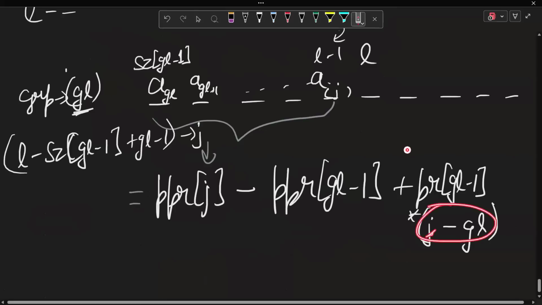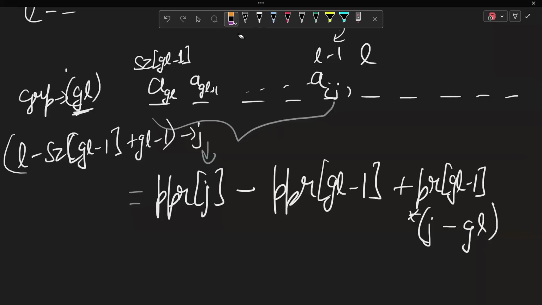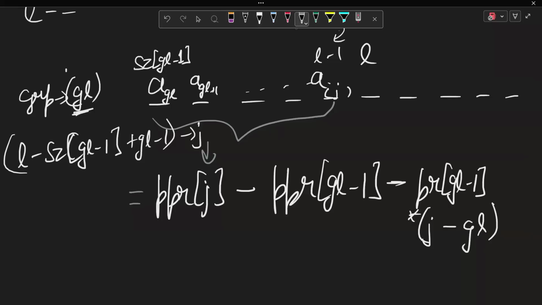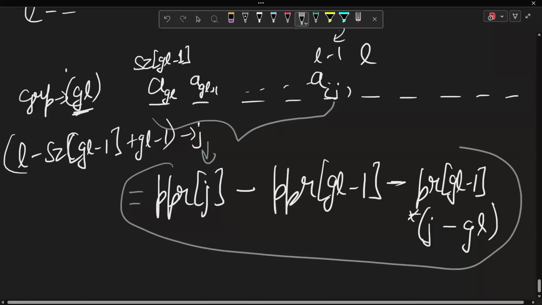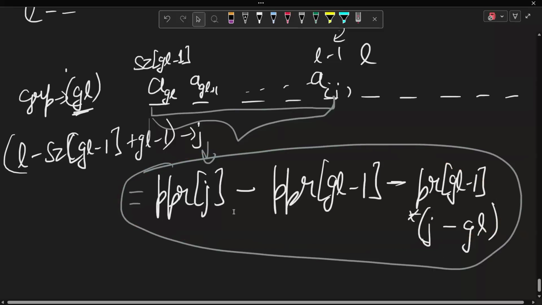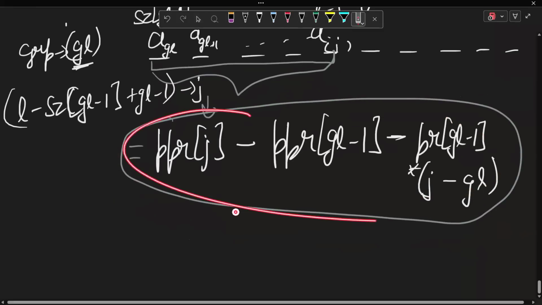Yeah, J minus GL. Sorry, here I'm subtracting that. So this is the thing. This sum can be written in terms of the variables. So this thing we would subtract from our answer.